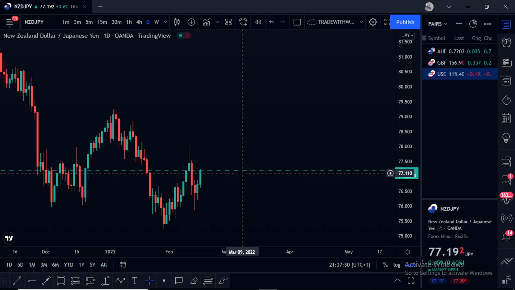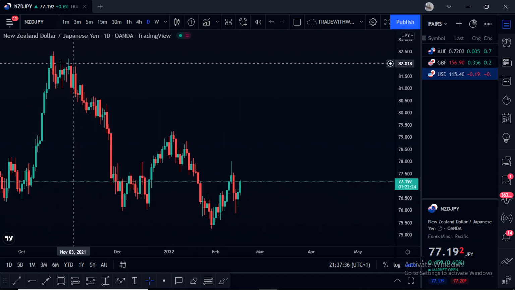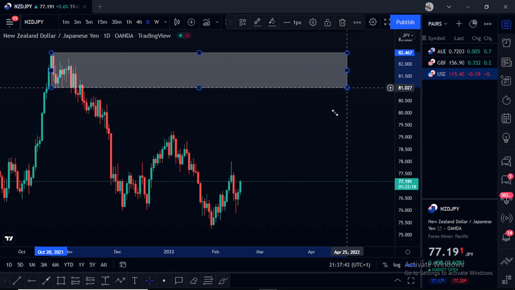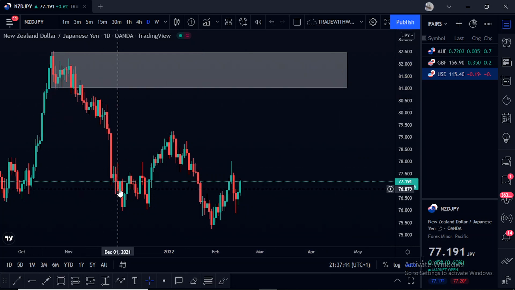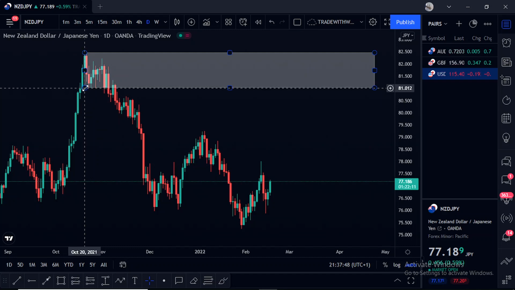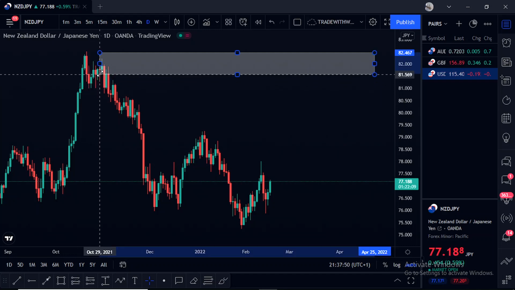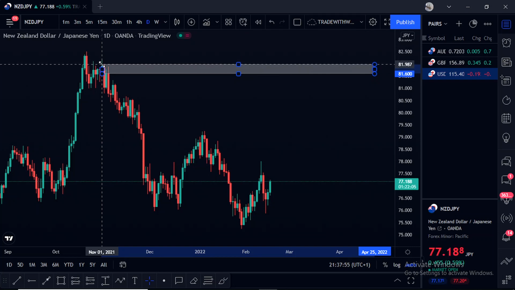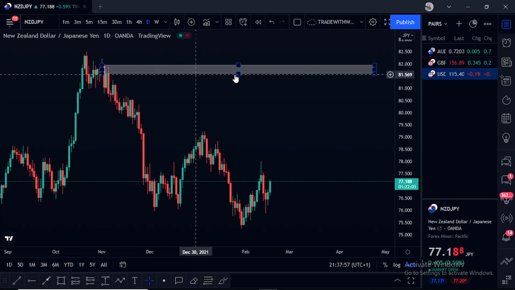Okay, that is the first way to identify supply and demand in the markets, because we believe that if there's a huge turning point at this point, then there's a lot of money that was put in the market at this point that made the market sell off so hard like this. And in the future, when we are looking at order blocks, we can refine and say, okay, this is the order block I want to use on this supply zone.